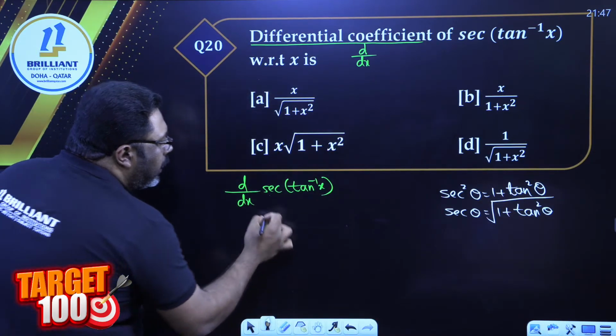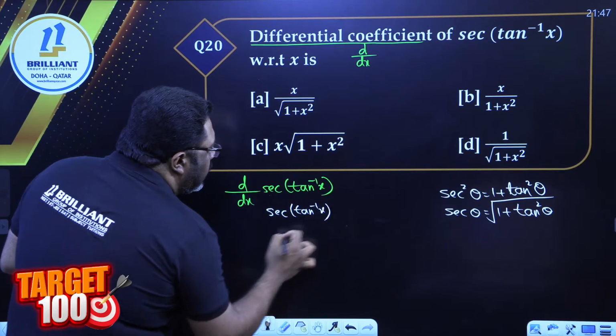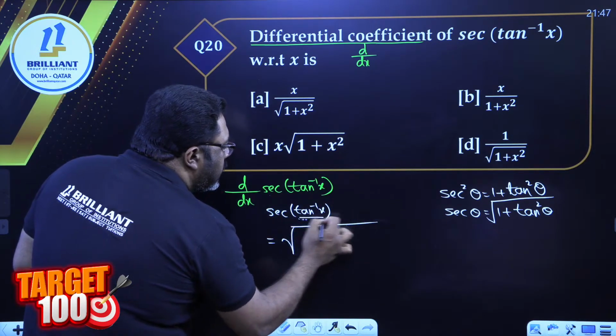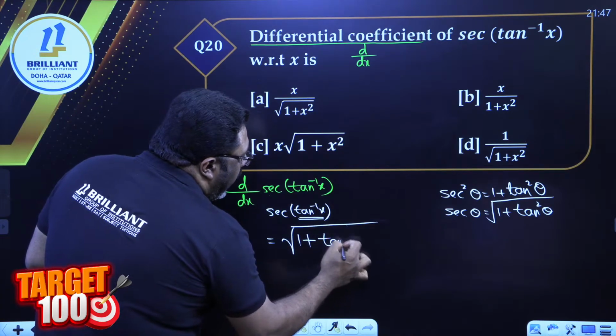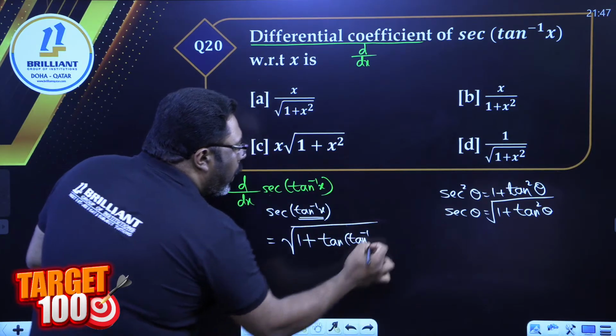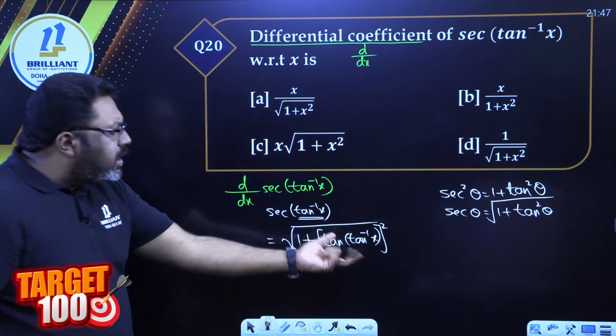Apply that condition here. So sec of tan inverse x is equal to root of 1 plus tan squared theta. Squared means it's whole squared.